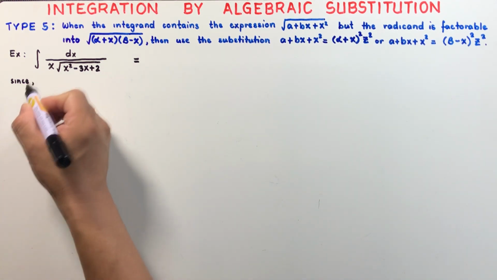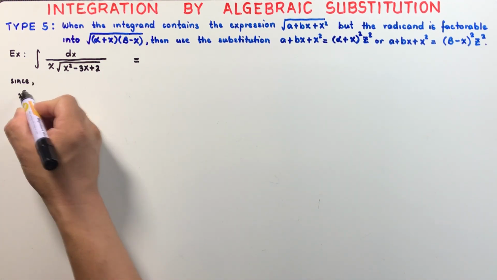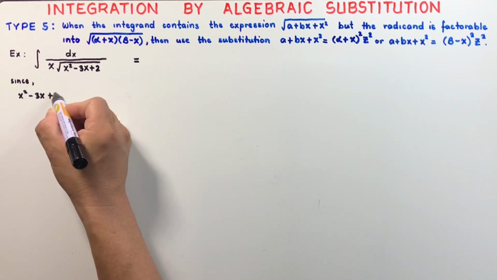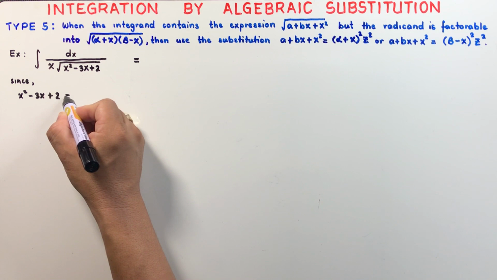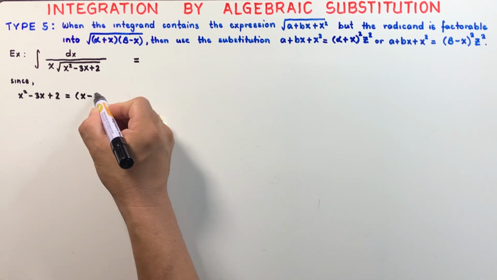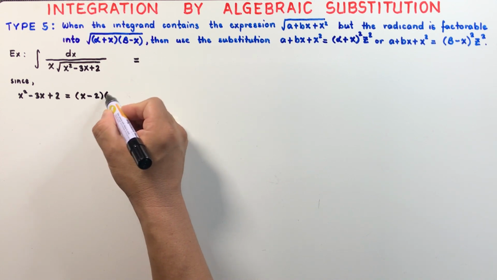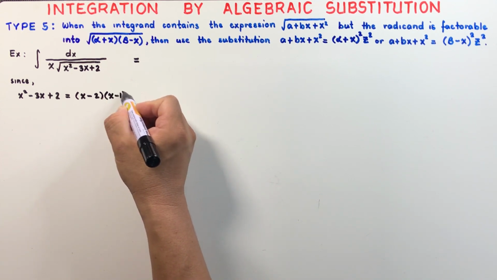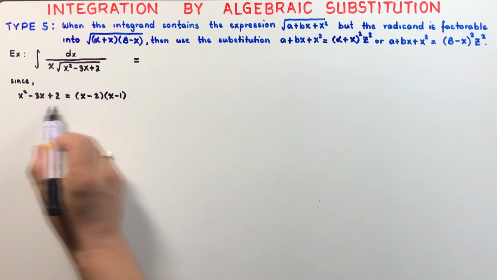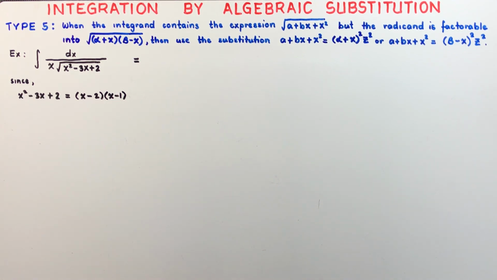So we write here x squared minus 3x plus 2 is equal to the product of two linear factors, x minus 2 times x minus 1. And you can check that these are the linear factors for this quadratic expression.